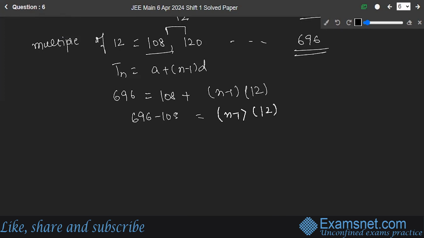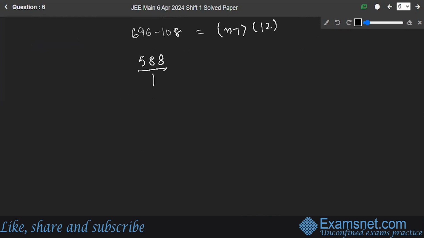This gives me 588. I think I have done it correct. Let me check. Yes, so this is divided by 12. This gives me n minus 1 equal to 49, or n will be equal to 50.